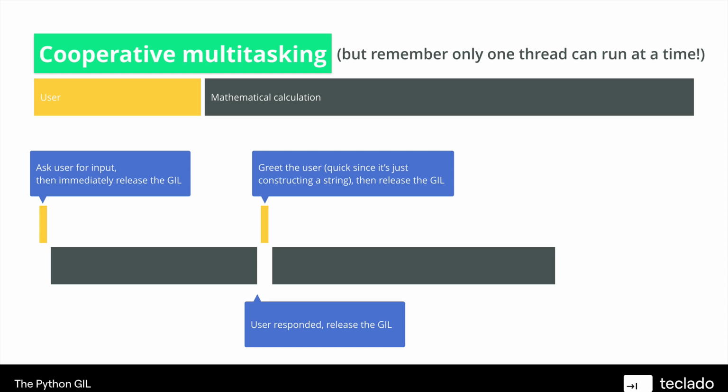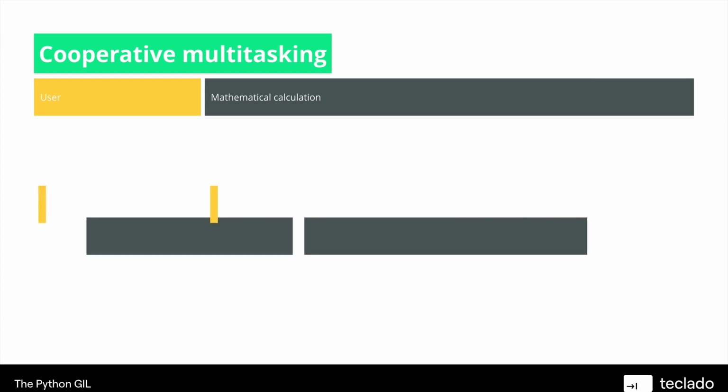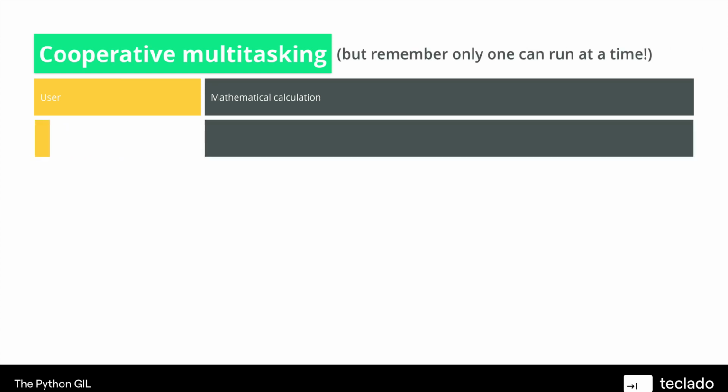Notice how the yellow segment is smaller now. Because what we have removed, all that bit there, was our code waiting for the user to type. And because of threads, we no longer need to do that.